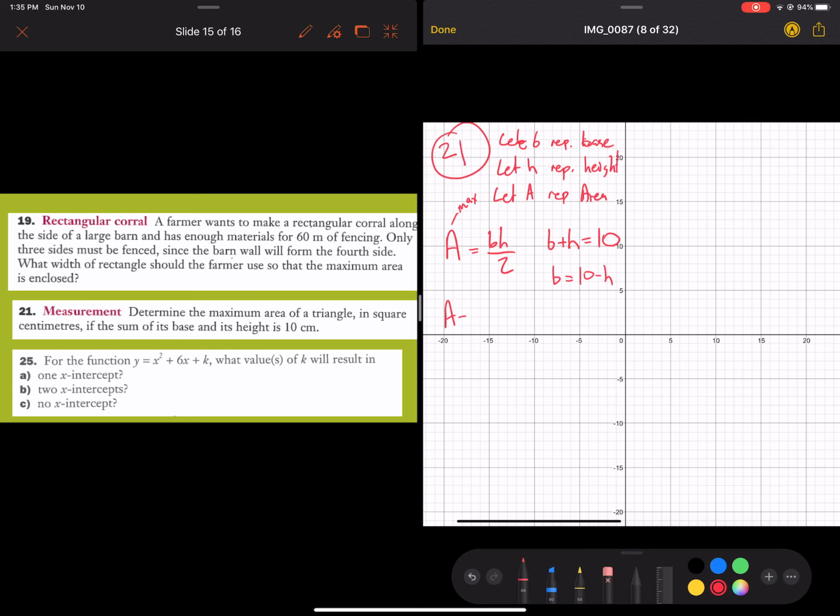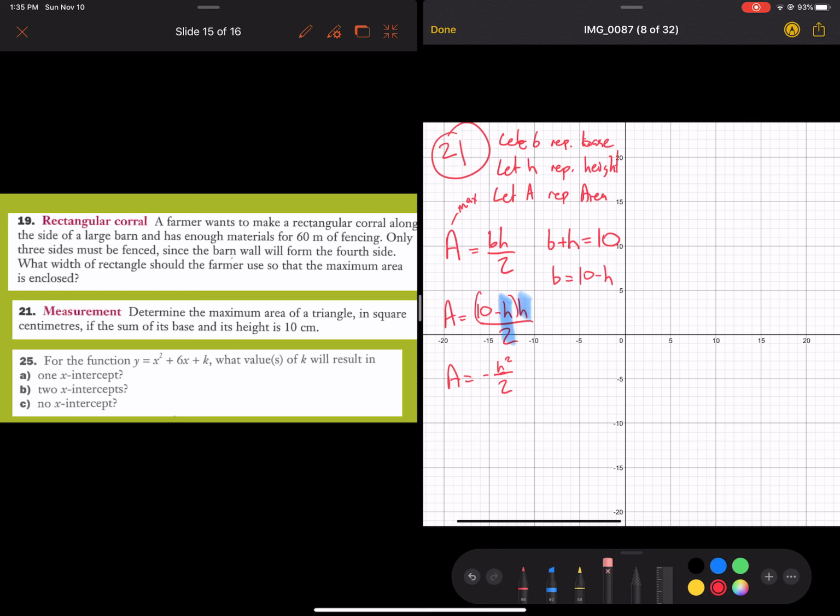Okay, let's do that. Area equals 10 minus h times h over 2. In which case we get area equals minus h squared over 2. And where do we get that from, by the way? That's basically this times h, and everything's over 2.